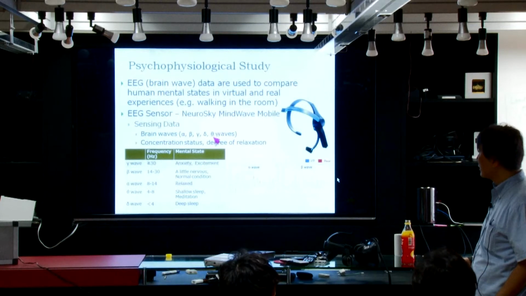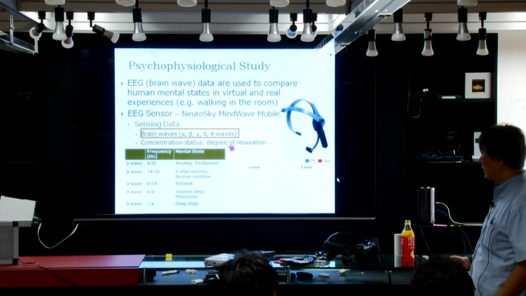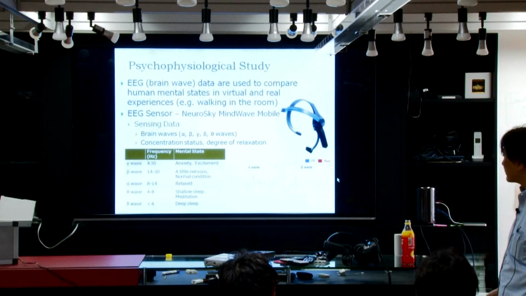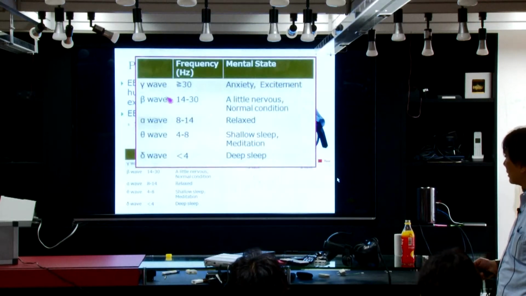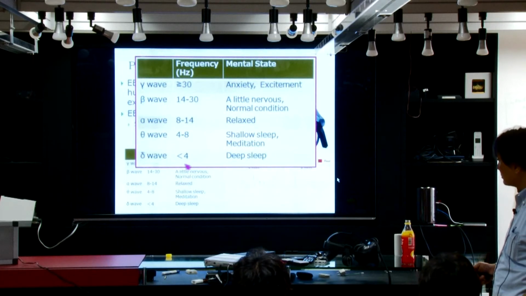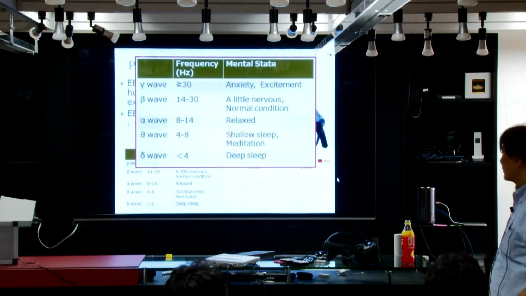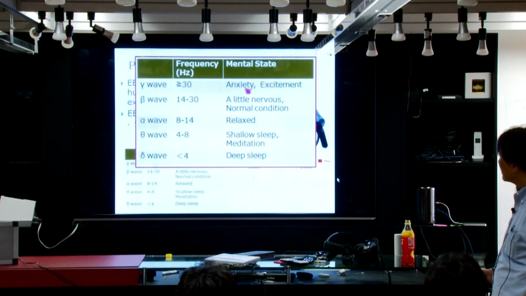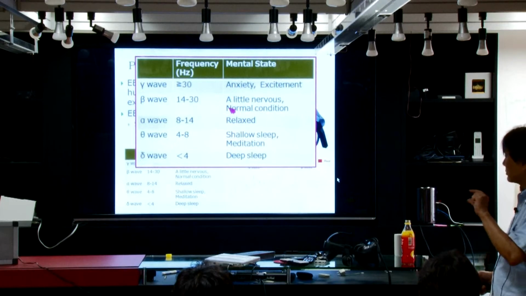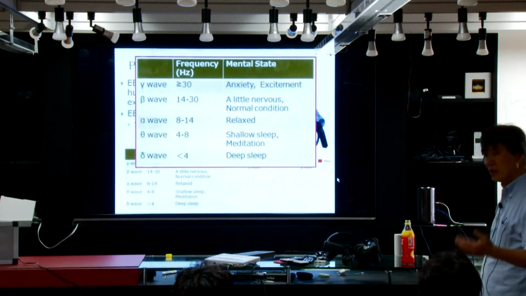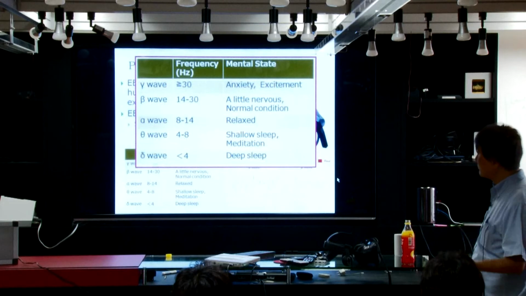It can sense alpha wave, beta wave, gamma wave, delta wave, and theta wave data. The waves are segmented based on frequency, and each brainwave has very specific functions. Then we can estimate the mental state based on the brainwave.